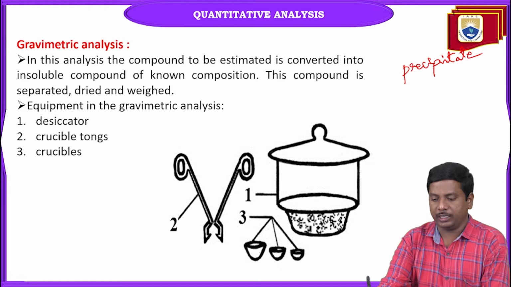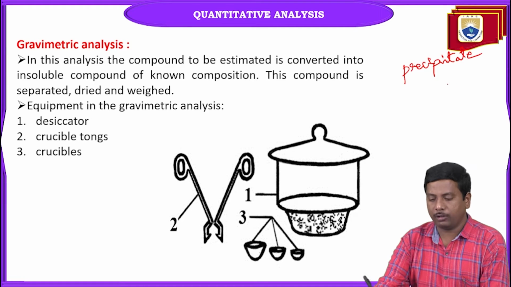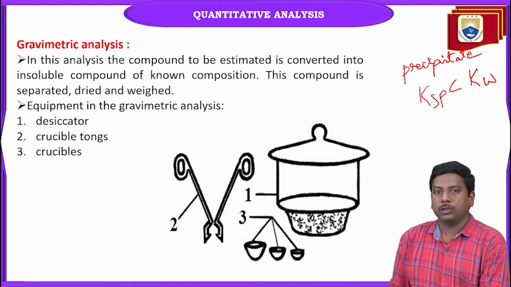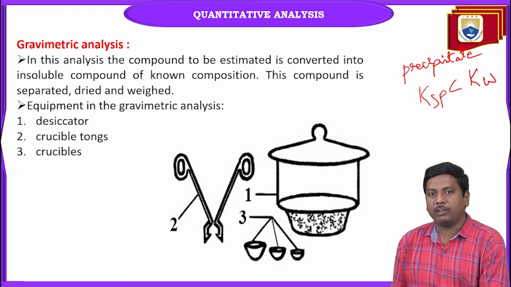A precipitate is formed whenever the solubility product of the substance is less than the ionic product of the substance. At this condition, the insoluble compound is formed. After the formation of the insoluble compound, that compound is separated. Separation can be done by centrifugation, and after that drying takes place, either manually in a desiccator or by using the instrumental mode, the oven.